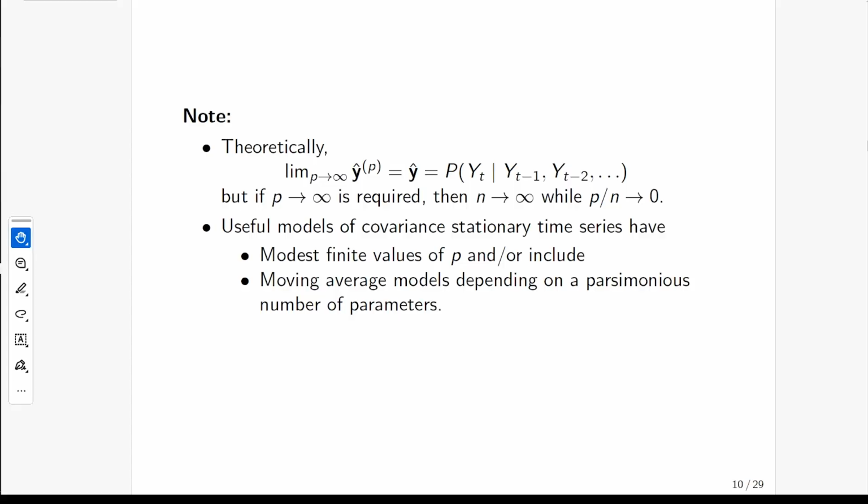As we increase p, the number of lags we use for the projection, we end up getting a limiting value as p gets large, that is capturing the linearly predictable part of the series, the Vt's.